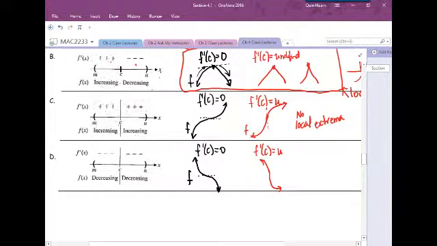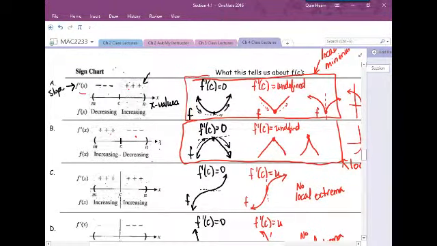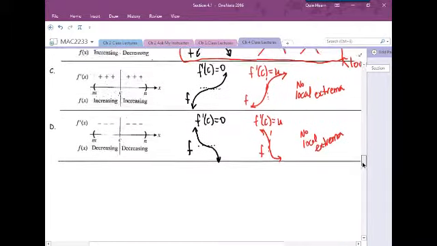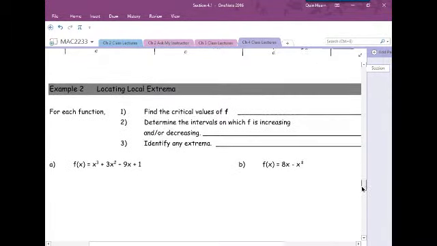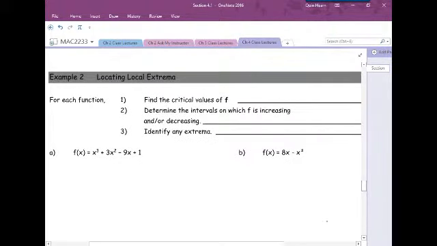And if f prime of c were undefined, then it's just going to be this situation where it looks like a vertical tangent line and goes like this. Or maybe the function's undefined at that point. But either way, again, no local extrema. So the only possibility for getting local extrema is when your sign chart shows a change: negative on the left, positive on the right.